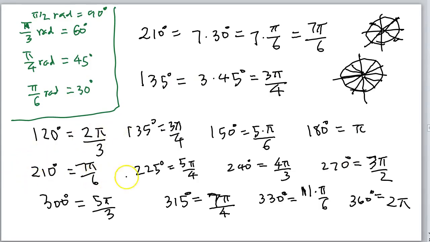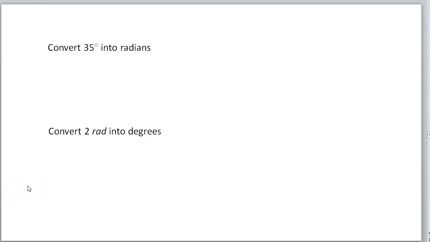Okay, now we found out what the correspondence is between the radians and the degrees for these special angles. What about angles that are not special? Let's think about that question. Suppose you have 35 degrees and you want to convert it into radians. The way you do this is by multiplying by pi over 180 degrees. Okay, pi radians, 180 degrees.